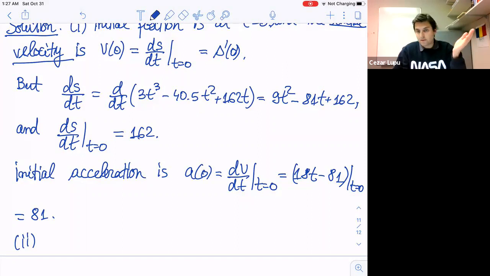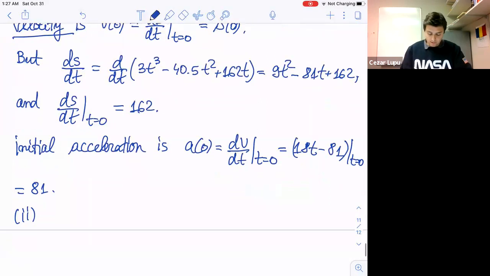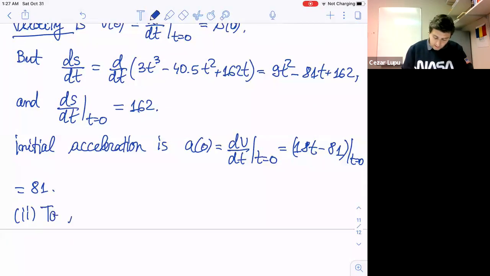We'd like to see if the object is accelerating or decelerating, and if it's advancing or retreating. So to discuss the motion, we shall identify the intervals.